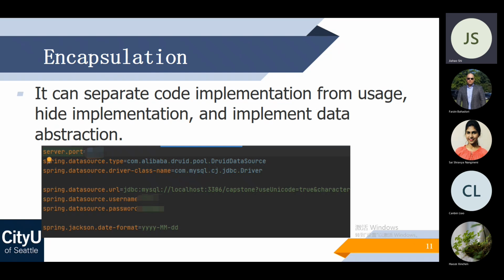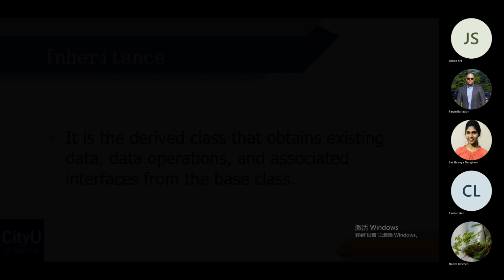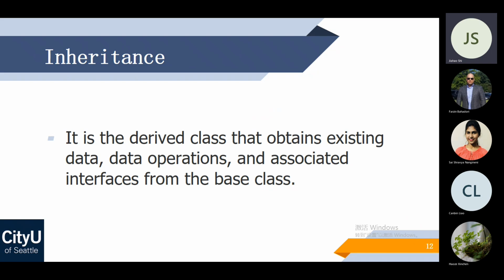It makes the code more reusable. Then is inheritance. Inheritance can classify all data and doesn't need to rewrite the code. It can protect the base class and make the code easy to maintain.